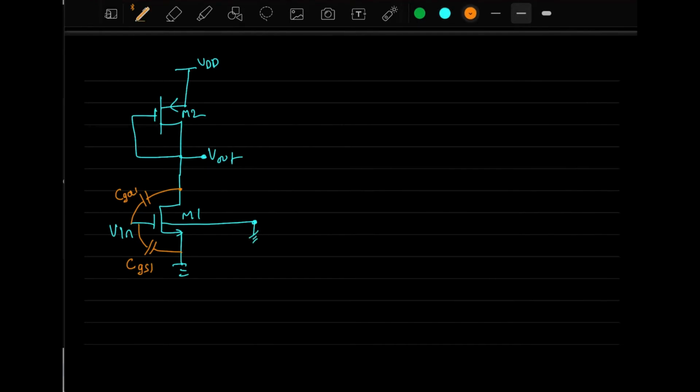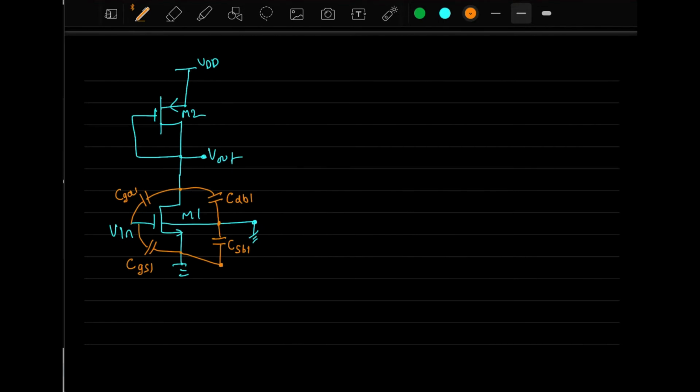So there is one more capacitance this side. What is this capacitance now? This one is CDB1. And there is one more capacitance connected between the source terminal and the bulk, which we call CSB1.